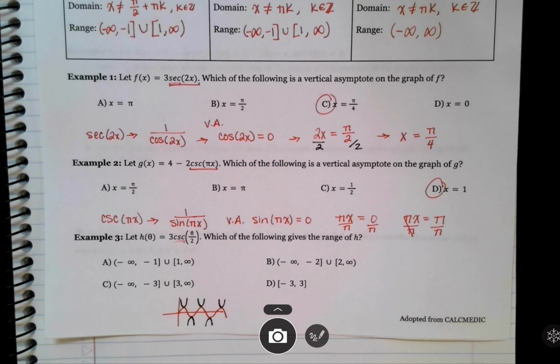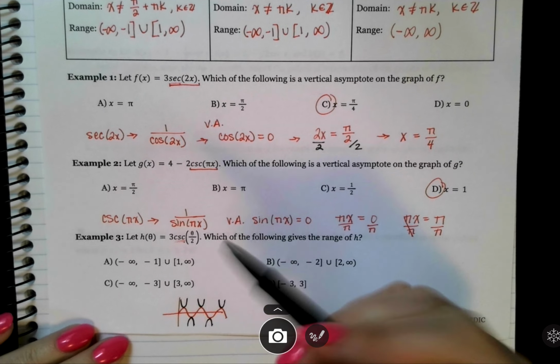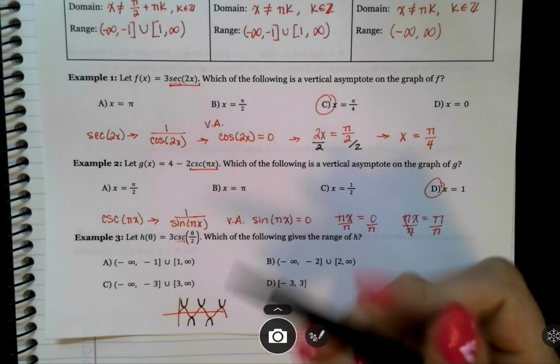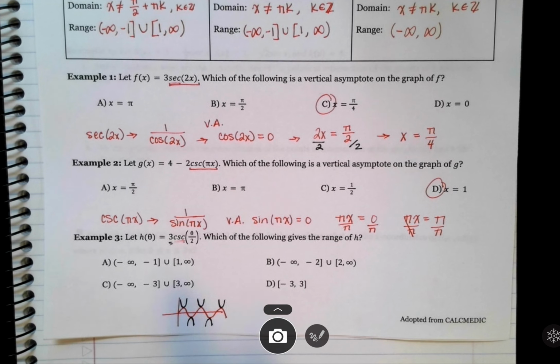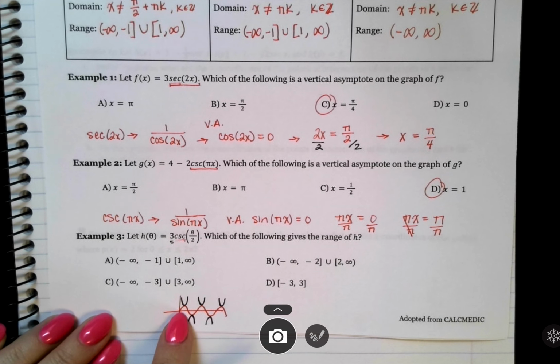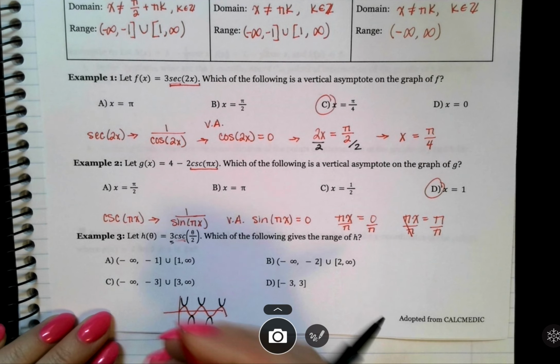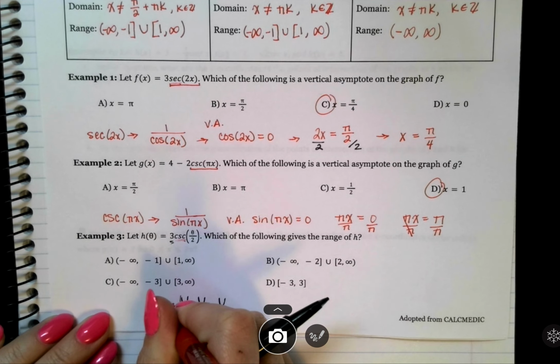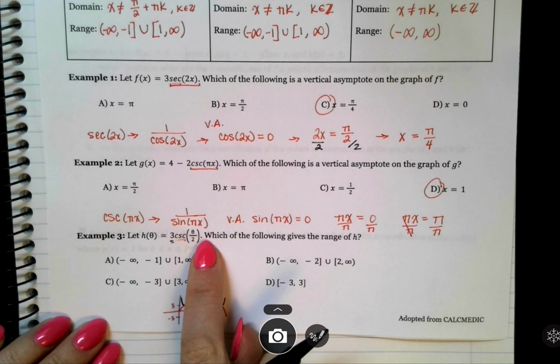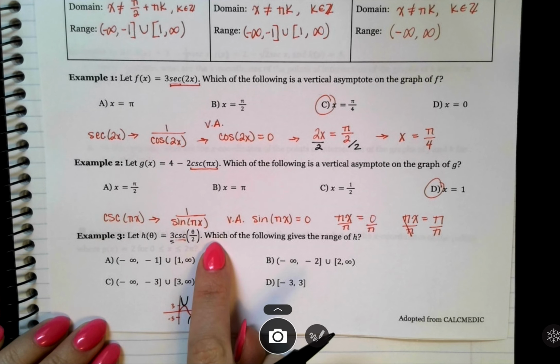So those black U's. Now what I'm looking for is the range of cosecant. So I'm trying to figure out my y values. Well, a 3 means that the amplitude on my sine curve is 3. So my maximum would occur at 3. My minimum would occur at -3. There's not a vertical shift up or down.